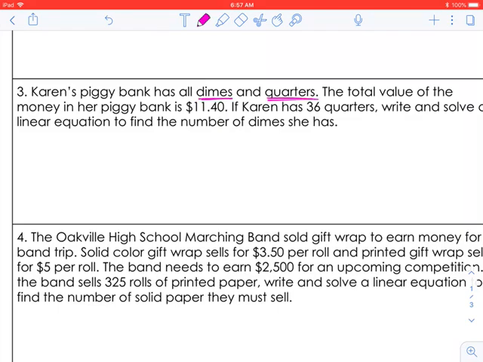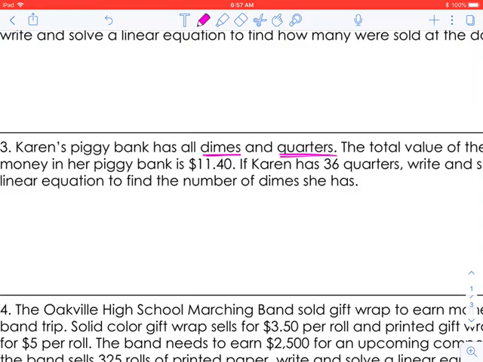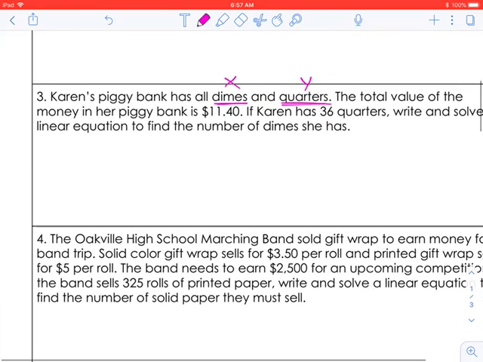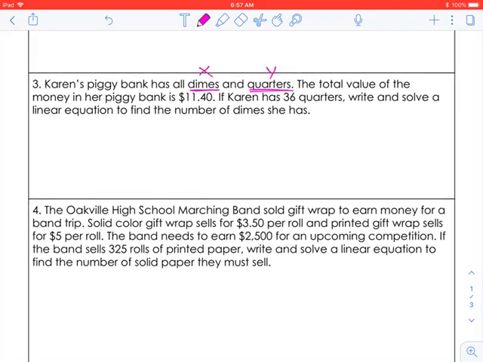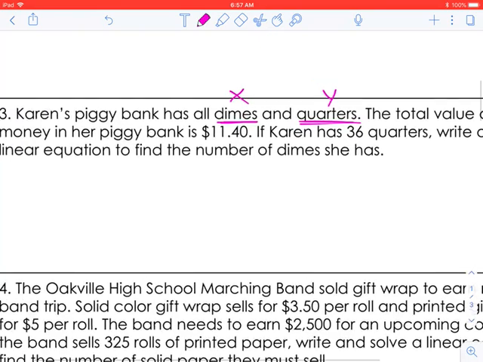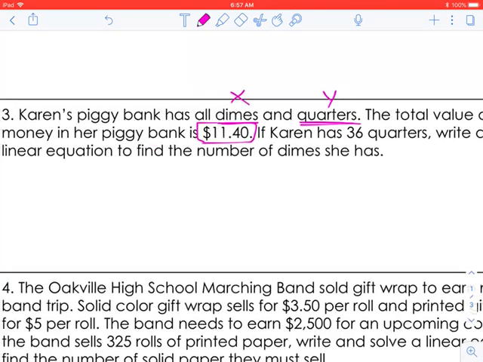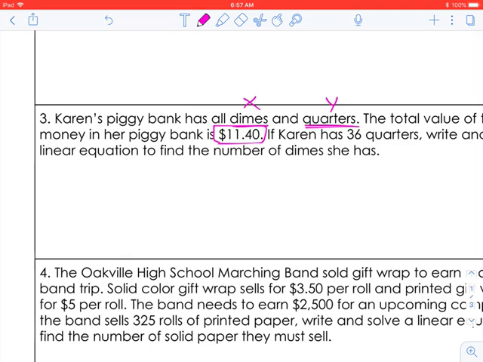I'm just going to call them X and Y. The total value of the money in her piggy bank is $11.40. If Karen has 36 quarters total, write and solve how many dimes we would have. I've got my total, so this is going to be something equals $11.40.